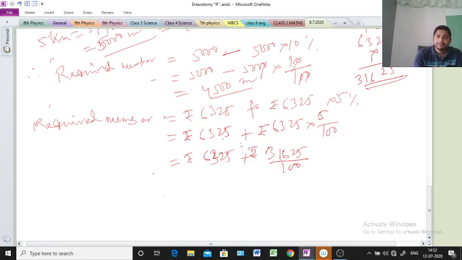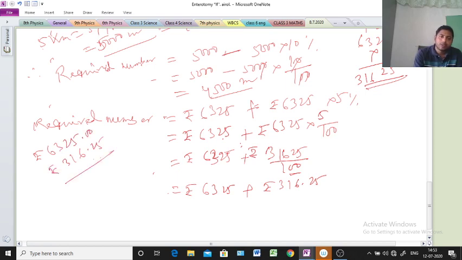So here 6325 will come, plus this one. Here we are dividing by 100, 100 means 2 zeros, so the point will go after 2 digits. Clear? So 316.25 will come. Okay, now we will do addition. So 6325 and 316.25, do the addition.